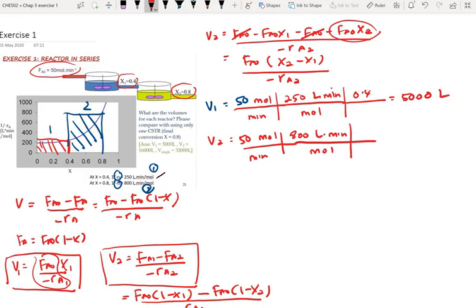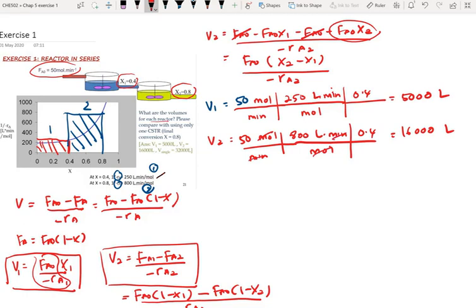So 0.8 minus 0.4 is again 0.4. Then punch your calculator. It is 16,000 liter. Let me cancel out the units. Alright, so you already calculated the volume for each reactor.